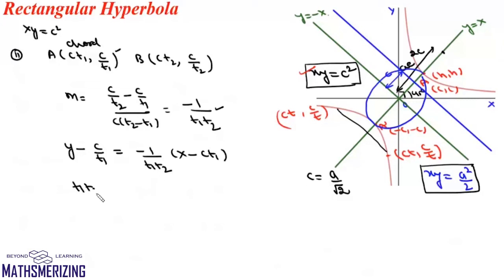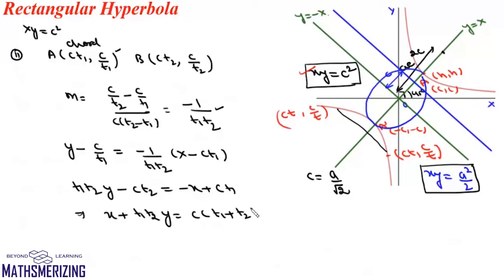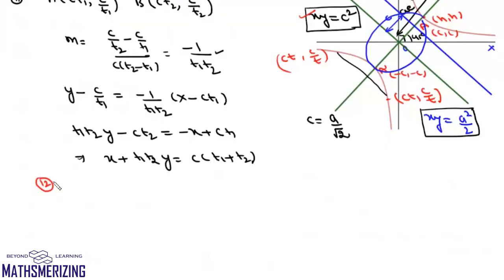We'll get t1 t2 y minus c t2 equals minus x plus c t1. So the equation of any general chord of this rectangular hyperbola of the form xy equals c square will be x plus t1 t2 y equals c into t1 plus t2.